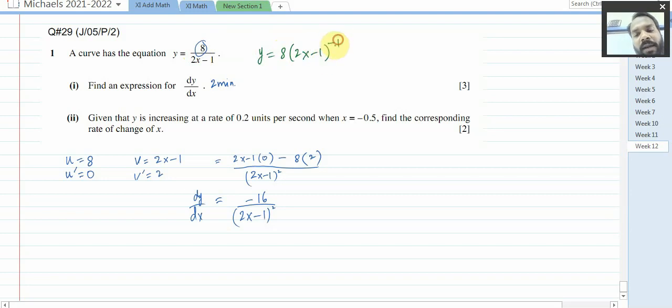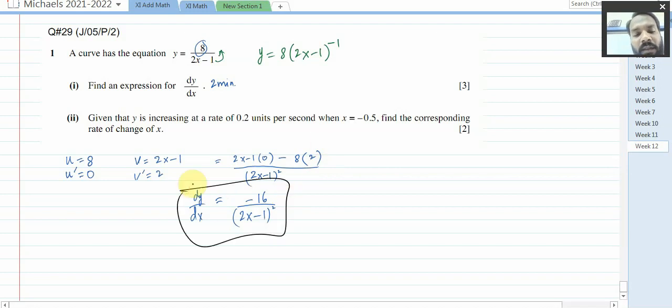When you shift the denominator to the numerator, the power will be negative 1. Then we apply the chain rule, the power rule of differentiation. Although you will end up with the same answer, the correct approach is that if you have a constant in the numerator, there is no need to apply u upon v. U upon v and u into v only apply when there are two functions multiplying, dividing, etc. Alright, so that is the first part, and this is the answer.